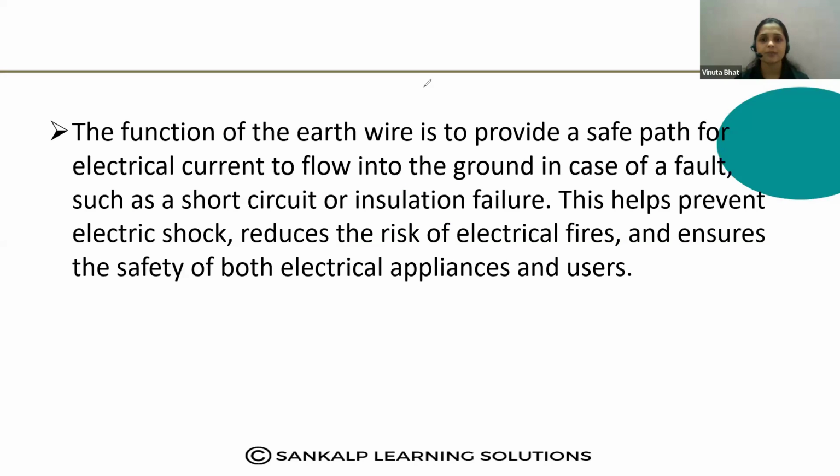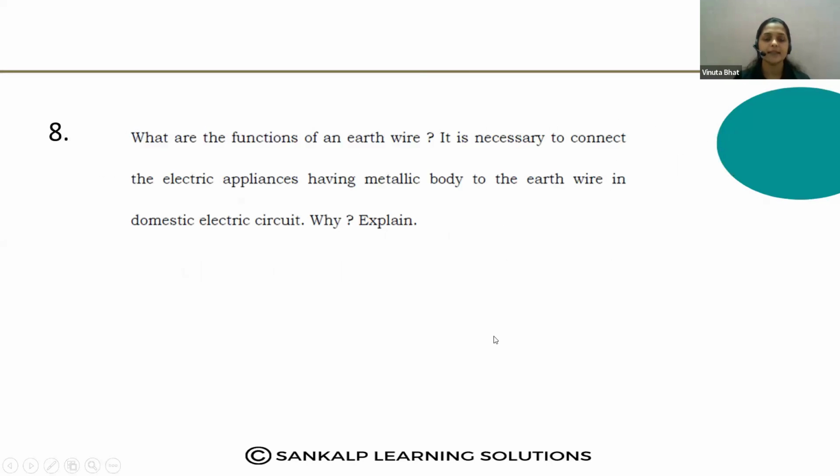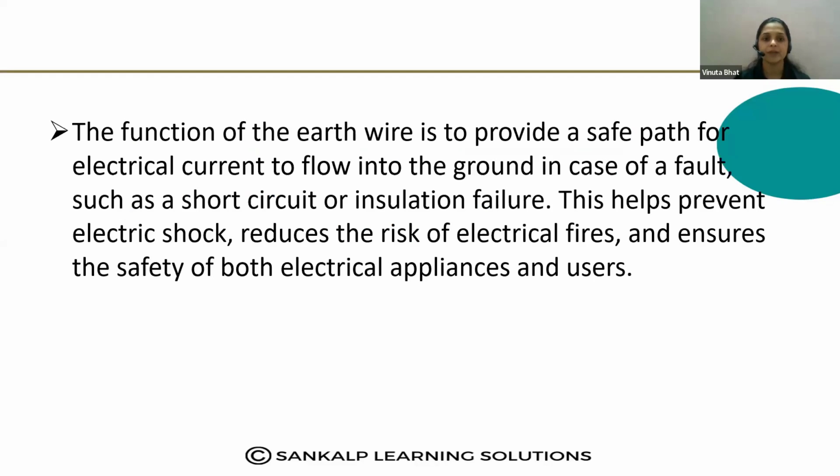Why is it necessary to connect the electric appliances to the earth wire? If any excess current or overloading is there, the earth wire helps to prevent electric shock, reduces the risk of electrical fires, and ensures the safety of both electrical appliances and users.